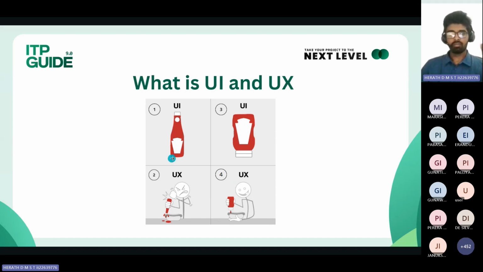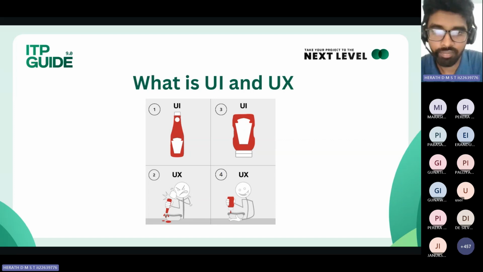It's looking nice, but you can see that the guy in the second image is not having a better experience with this sauce bottle. Why is that? Even though the UI of this sauce bottle is good and nice, it has not given a better user experience to this guy.